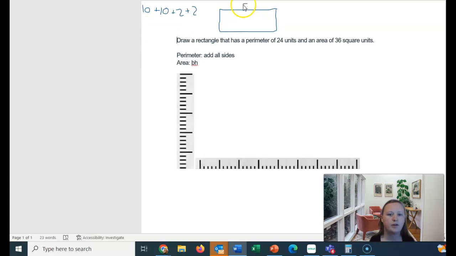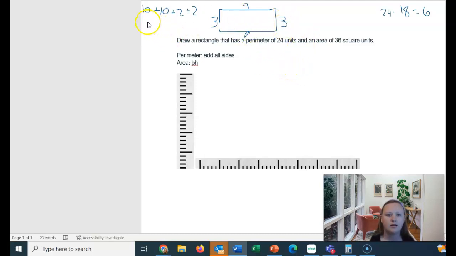What if I put 9 on this side and 9 on this side? 9 plus 9 is 18. But I want it to be 24. So 24 minus 18 is 6. So I need to find half of 6. I can put half of 6 on this side, which is 3, and half of 6 on this side, which is 3.